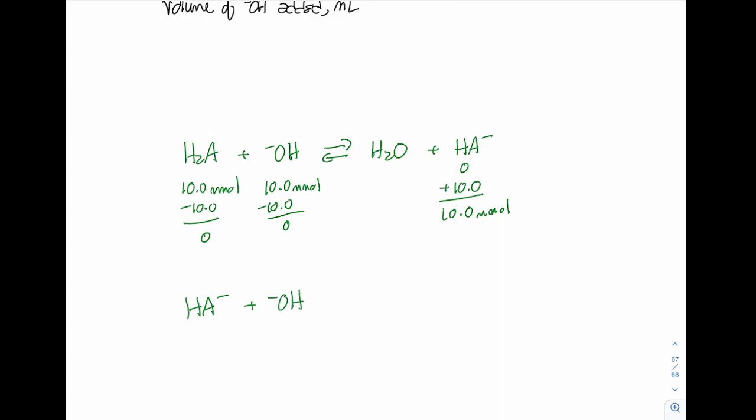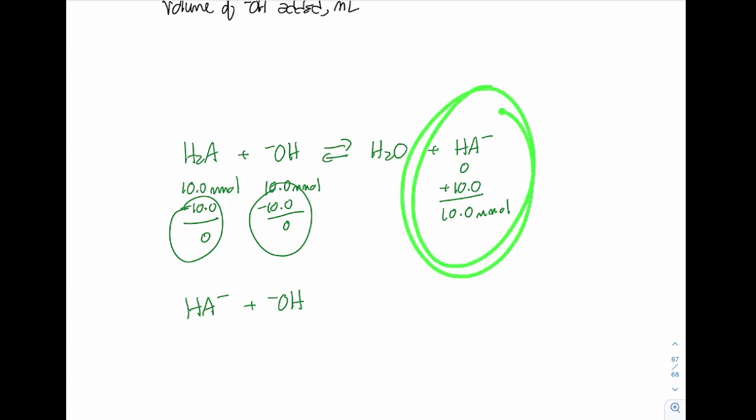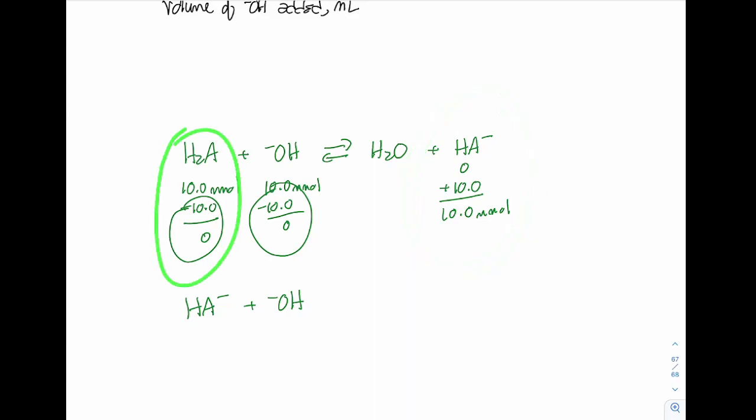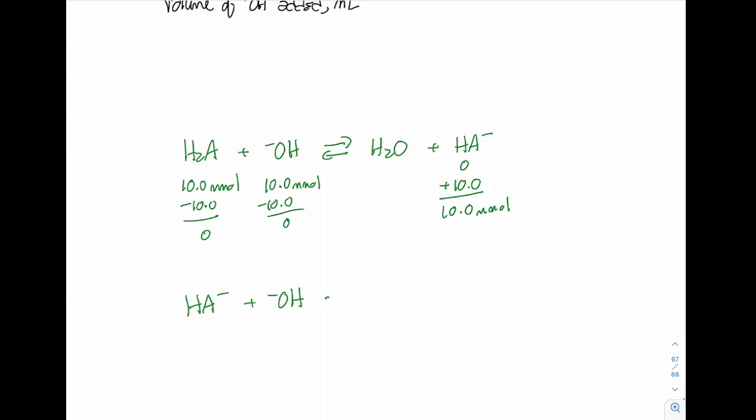These are both 0. So when I add more base to it, it can only react with this because I don't have any more of this. So I have HA minus plus hydroxide ions going to water plus A2 minus.